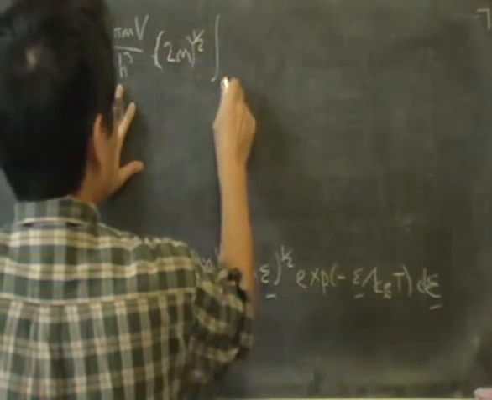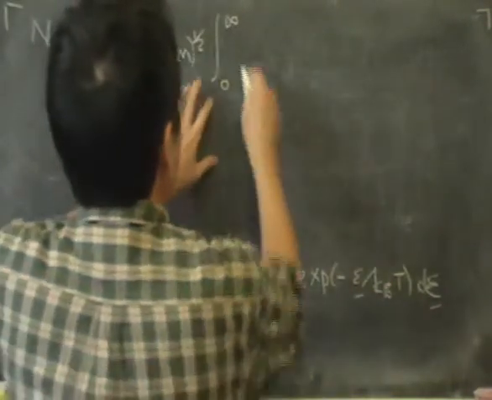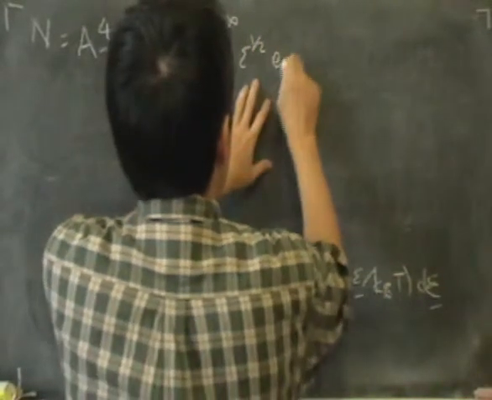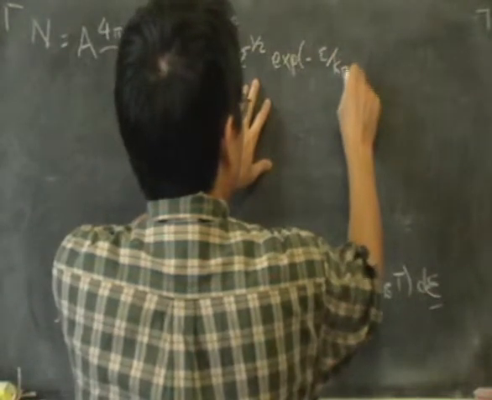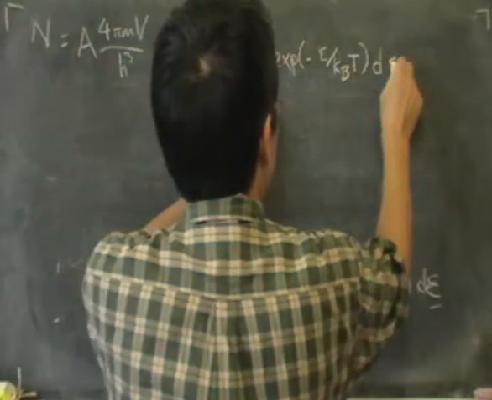What's left in the integral are square root of E, exponential, dE.